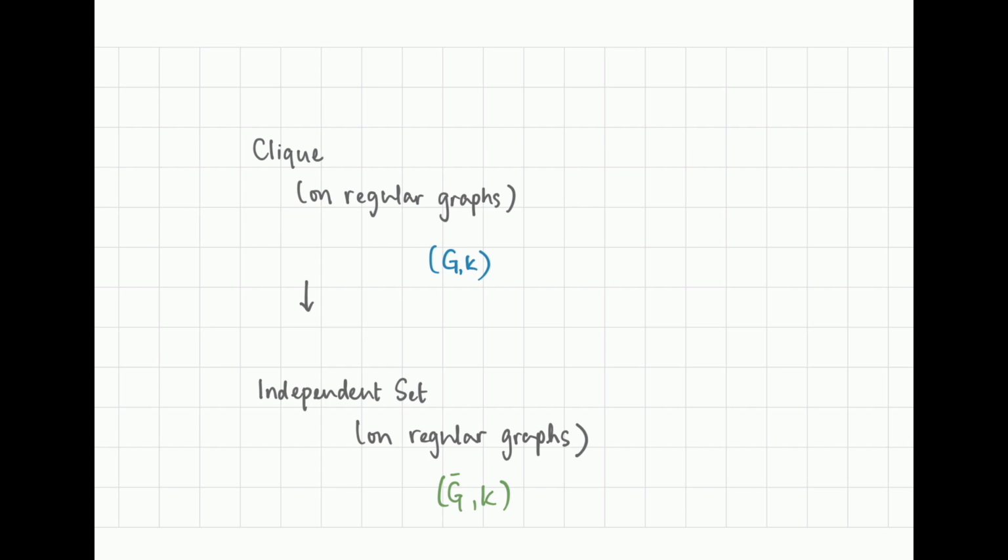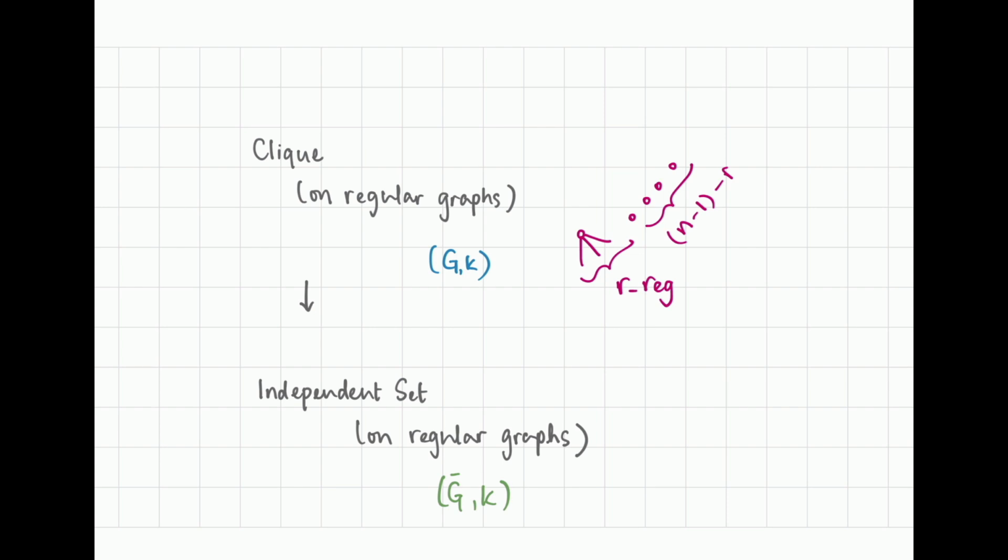And also notice that this construction preserves the regularity, although the regularity may not be the same. So for example, if you started with a graph that was R regular, what would you end up with? Well, if every vertex has degree R, it means that it has R neighbors and n minus 1 minus R non-neighbors. I'm going to assume that the graph is simple without loss of generality.